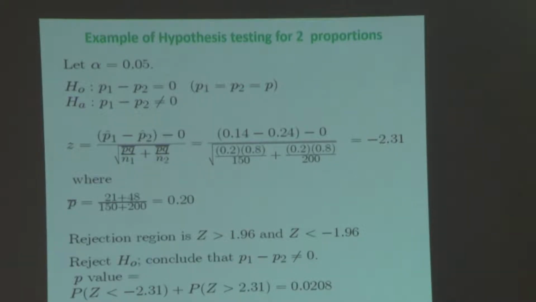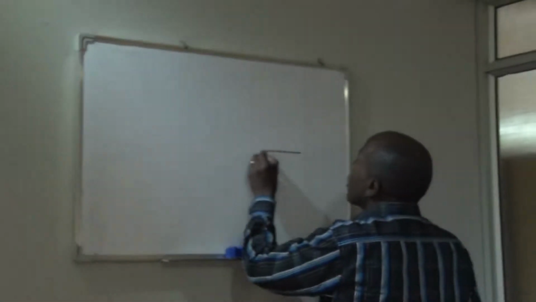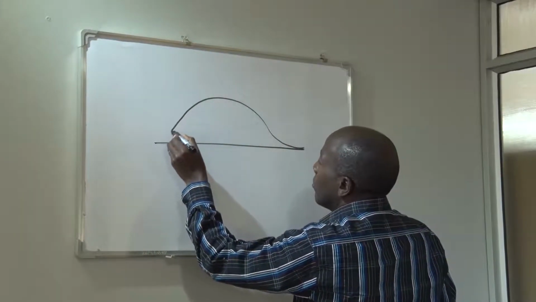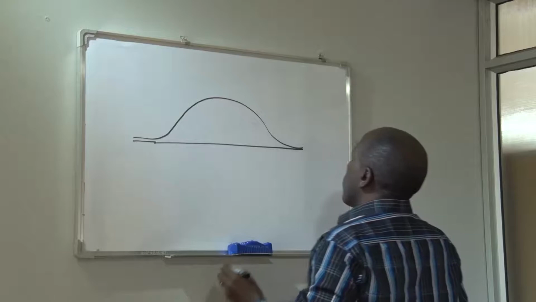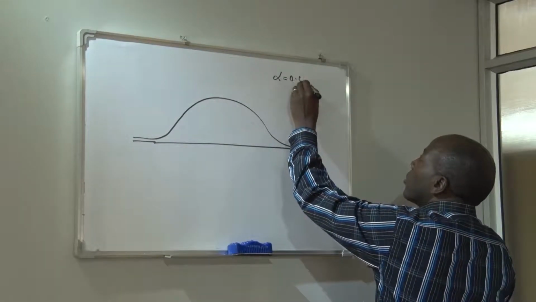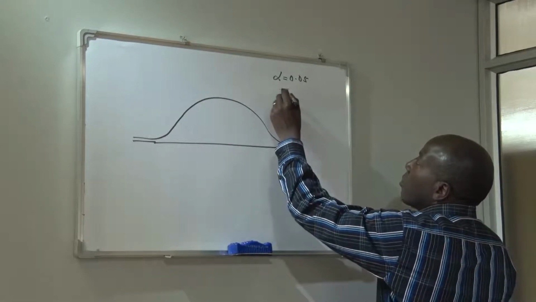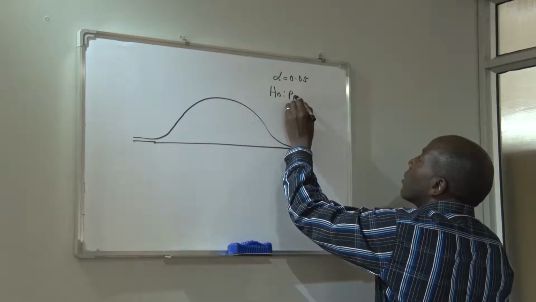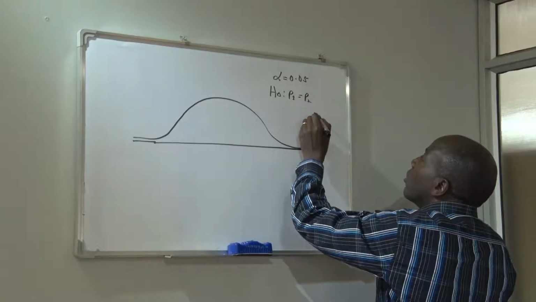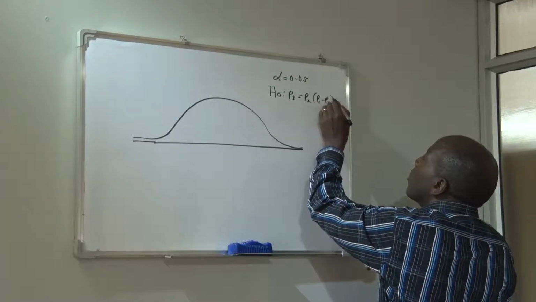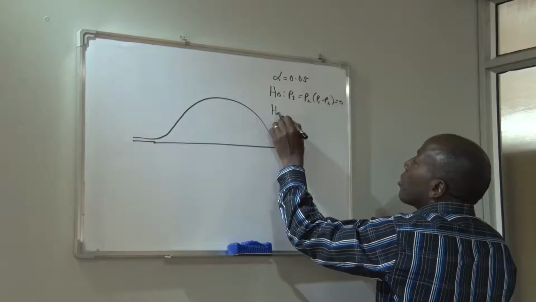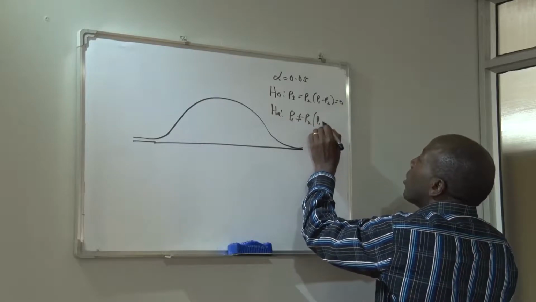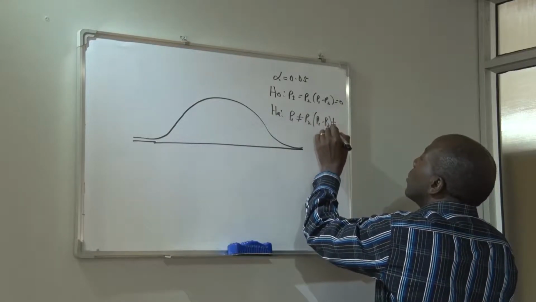Okay, so recall from our normal distribution diagram, we have an alpha of 0.05, but we are using a two-sided test. The null hypothesis is P1 is equal to P2, which is the same thing as P1 minus P2 is equal to 0. The alternative hypothesis is that P1 is not equal to P2, which is the same thing as P1 minus P2 is not equal to 0.